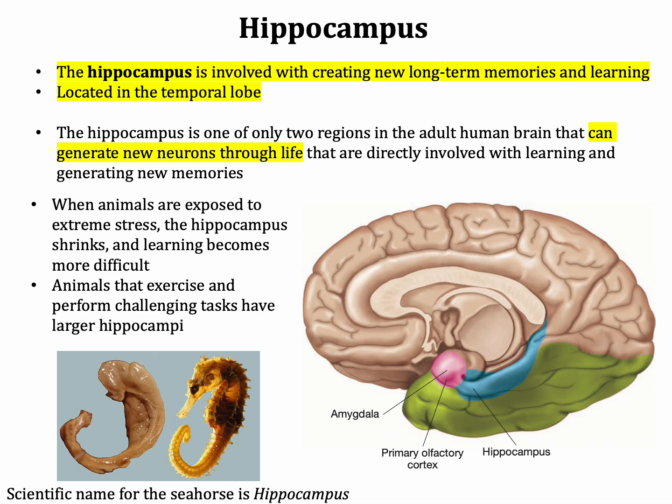In contrast, animals that exercise and continuously perform challenging tasks can increase the size of the hippocampus. So exercise is really critical for so many things in the body, and it enhances learning as well.